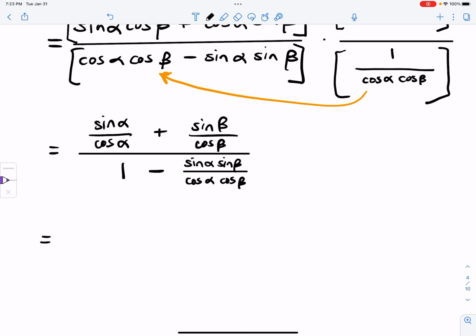Again, we know that sine over cosine is equal to tangent. So we can simplify this first fraction to be tangent of alpha.